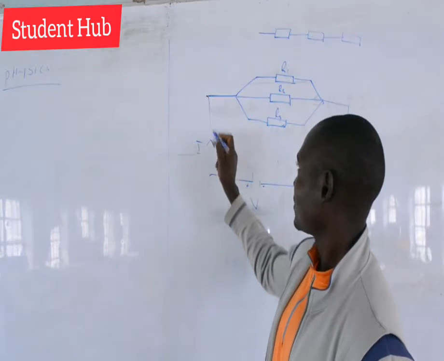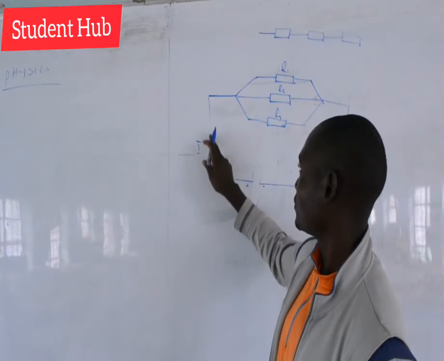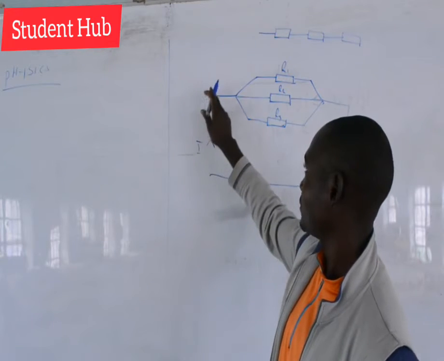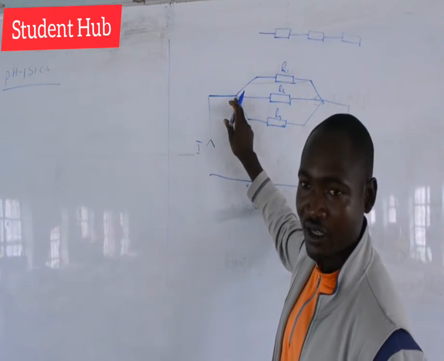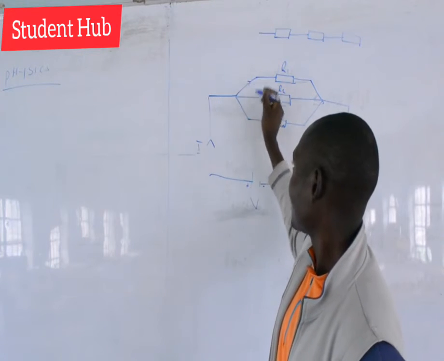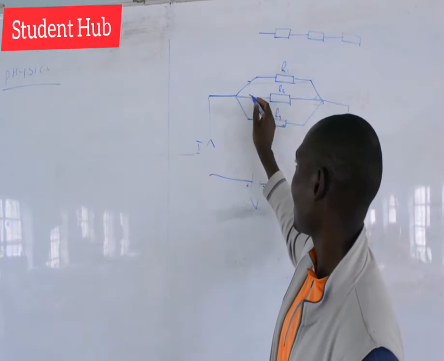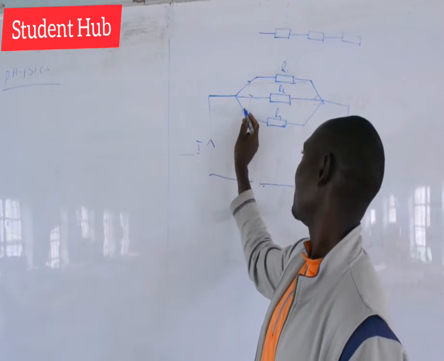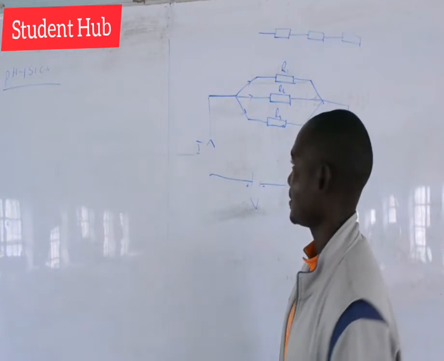So the current that flows from the source, reaching this point here, now divides. Part of it goes this way, part of it goes this way, and part of it goes this way.